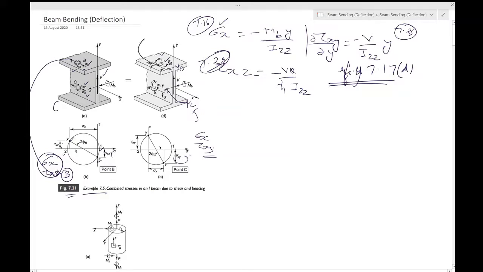When you use this sigma 1 and sigma 2 in a failure, or so-called yield, criterion, you will be only testing whether yielding happens at this point or not. The same happens over there. When you put in this sigma 1 and sigma 2, you will be able to predict whether yielding happens at this point or not.